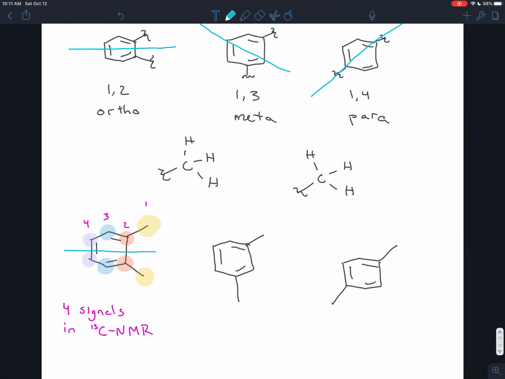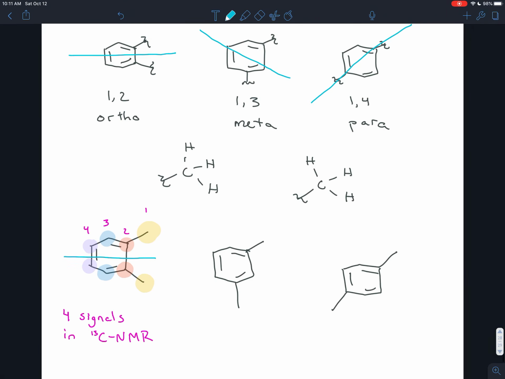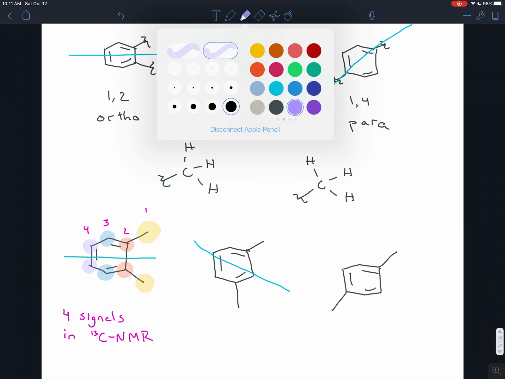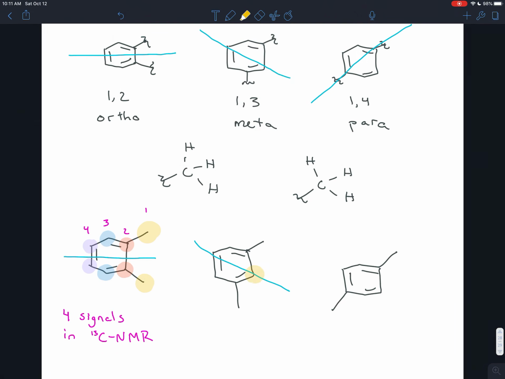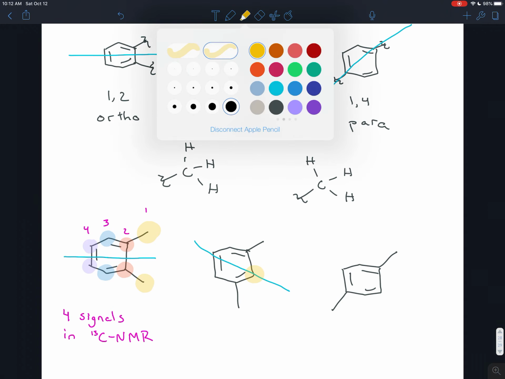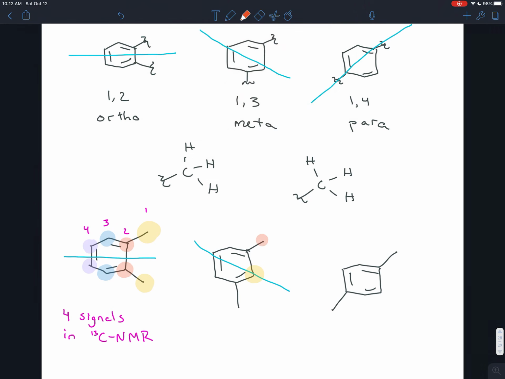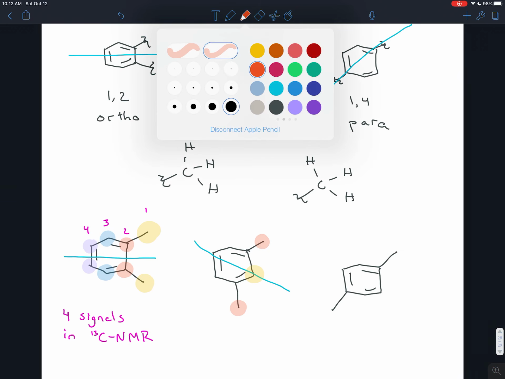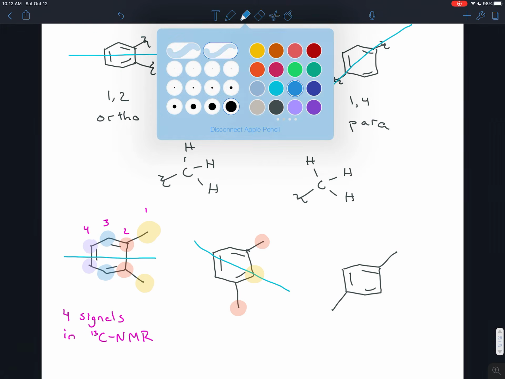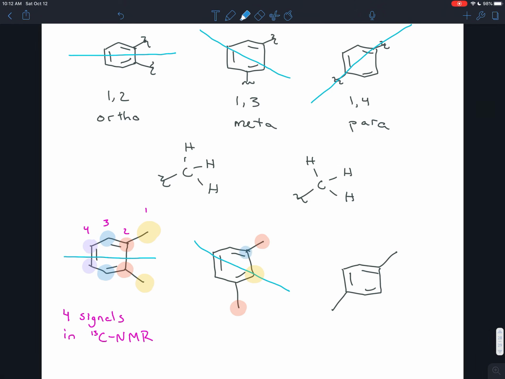Compare what happens if we do that same thing for meta-dimethylbenzene. So we have our line of symmetry down here. You would have a carbon in between the 2 methyl groups, that's 1 electronic environment. You would have the carbons in the methyl groups, that's a 2nd electronic environment. They're in the same electronic environment though, because they're on opposite sides of the line of symmetry. You have the carbon they're attached to, that's a 3rd electronic environment.